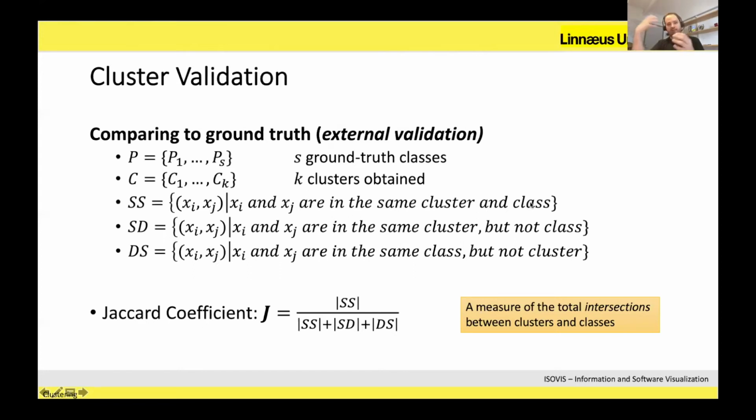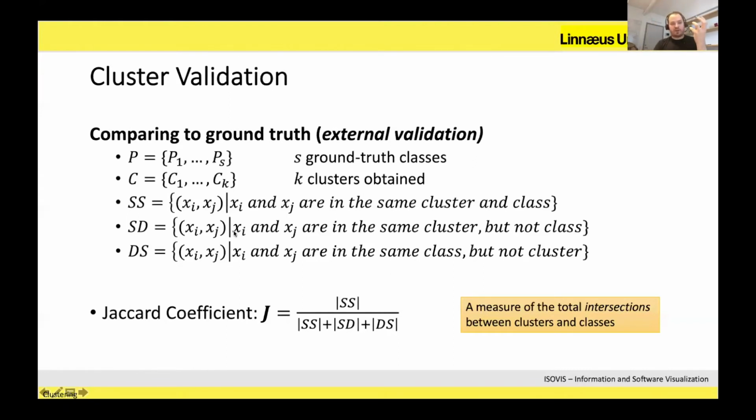So you have points in the same class, then you apply clustering, and you take two points and ask: are these points that are in the same cluster also in the same class? If the answer is yes, you put them into this SS set of points.